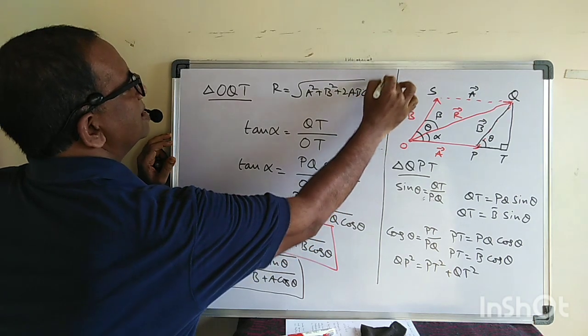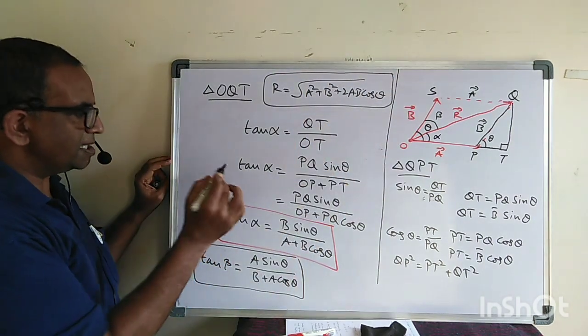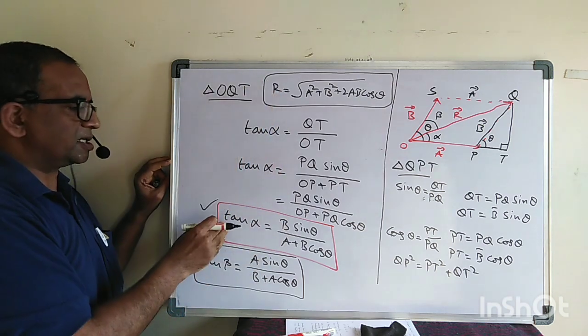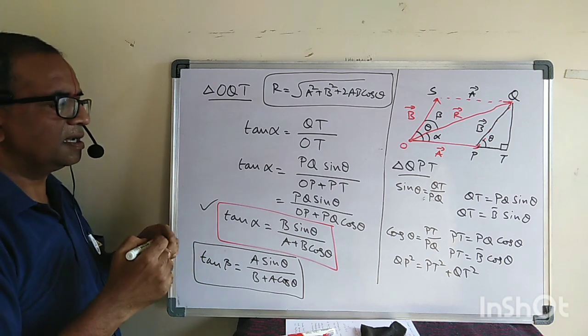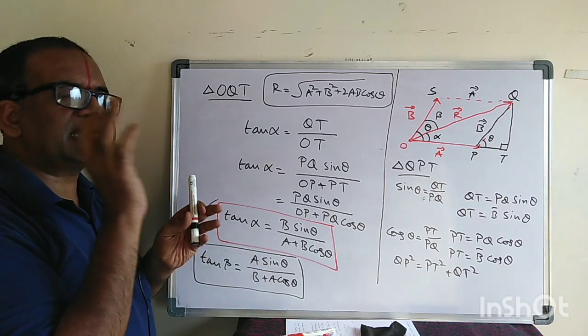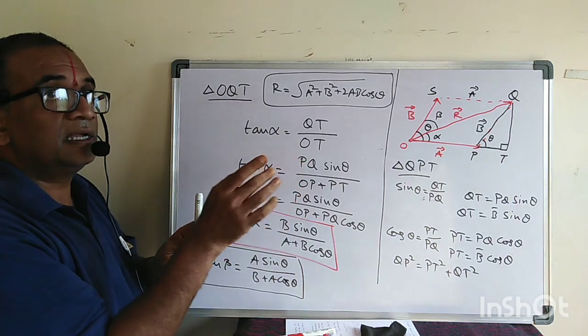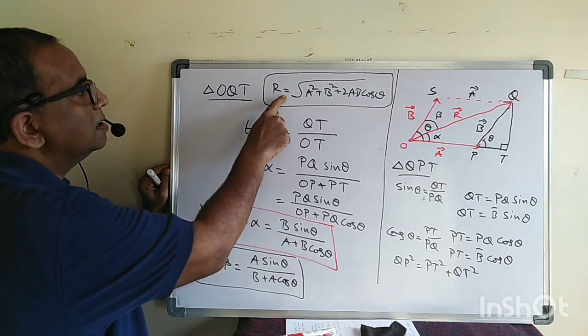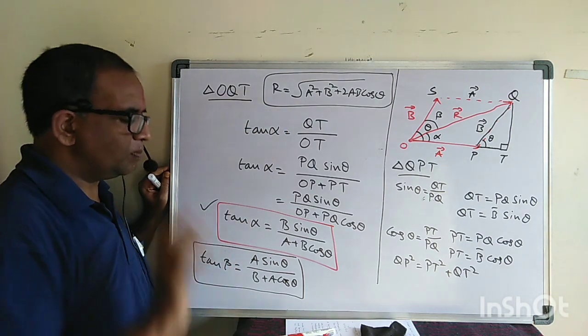We also got the direction of the resultant, so magnitude and direction. So this is the parallelogram law. The parallelogram law of vectors says that if two vectors are acting at a point, then the resultant can be represented by the diagonal passing through it, in magnitude and direction. Both we got here. It's a very important one.